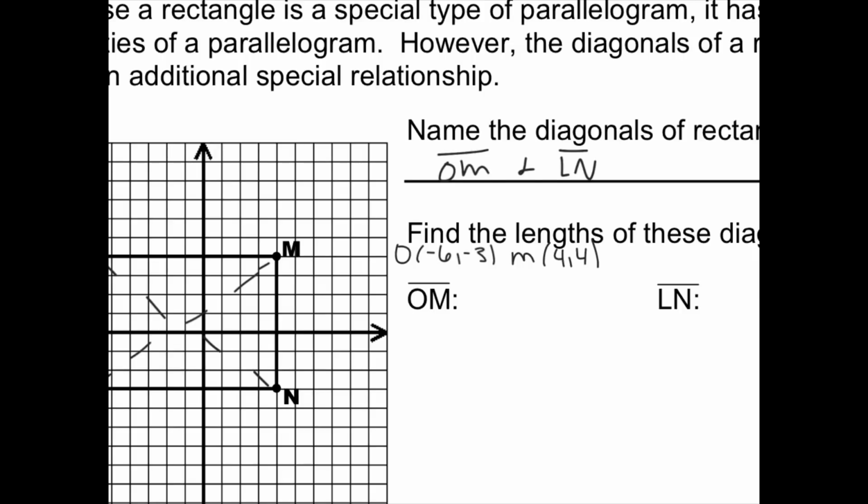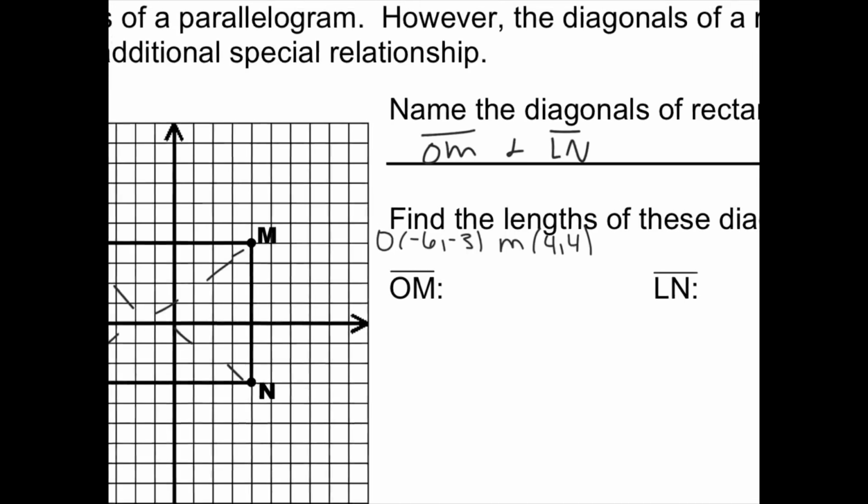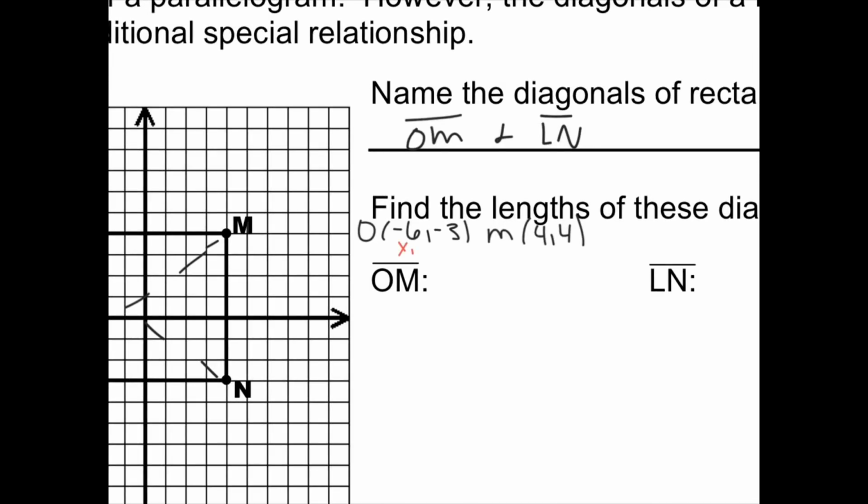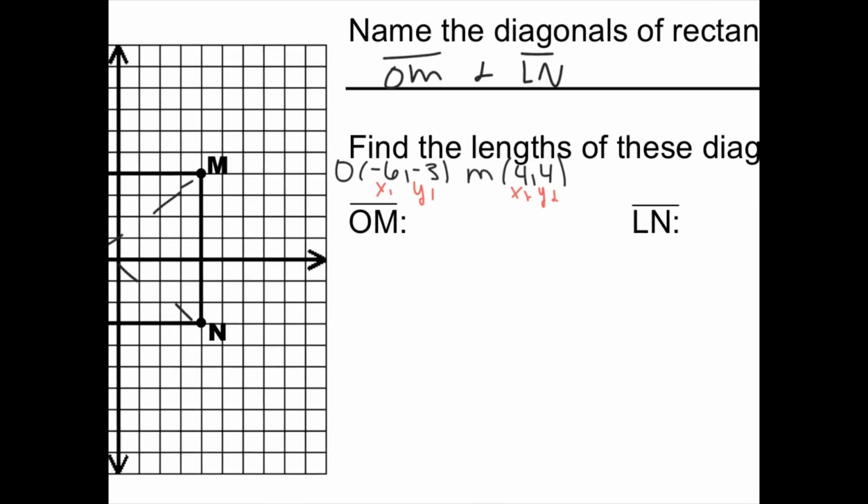And to find the distance, we're going to have to use the distance formula. So I'm just going to label these x1, y1, x2, y2, and then I'm just going to fill out the formula. So the distance is equal to the square root of (x2 minus x1), 4 minus -6 squared, plus (y2 minus y1), 4 minus -3 squared.